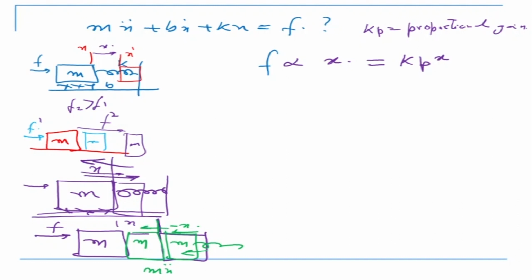So I'll say that again. There is a mass here and I want it to go from x to x dash. Let me draw it again. So I want this mass to go till here. This is my point x. So what happened is this force that I'm applying is equal to Kp into x. It's a constant force. So the mass starts moving, and then when it reaches this position here, it cannot stop because of this inertia.